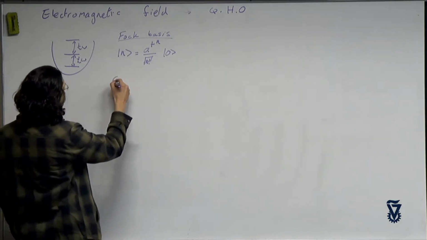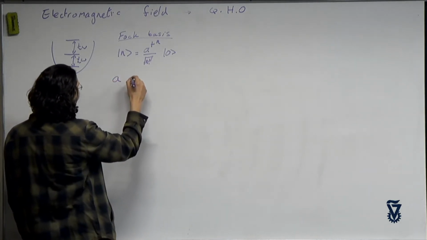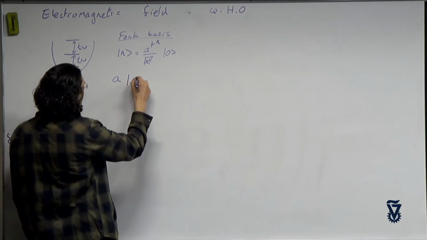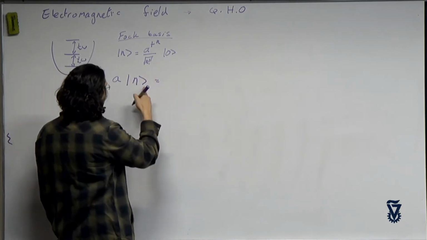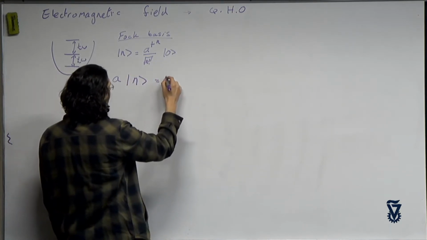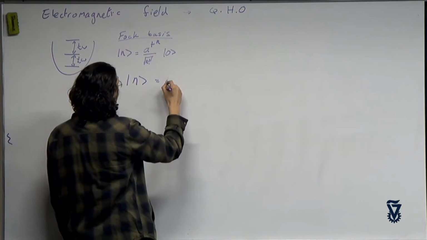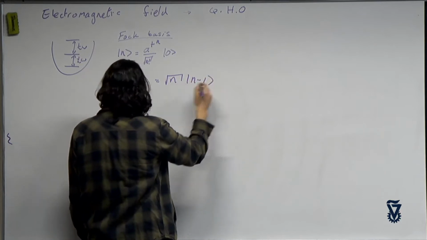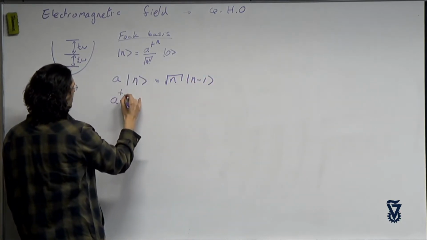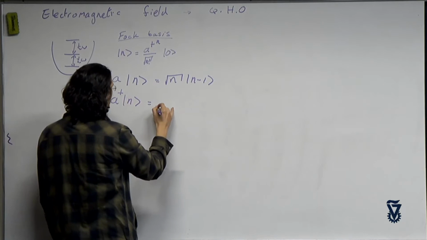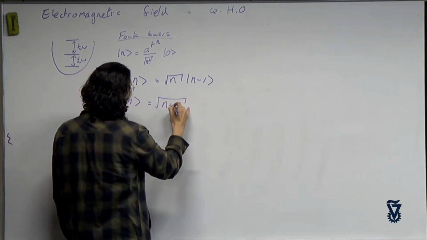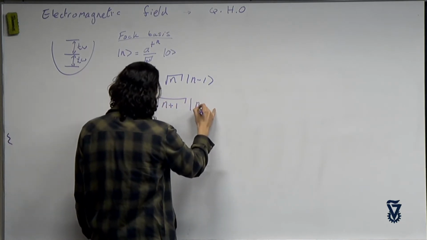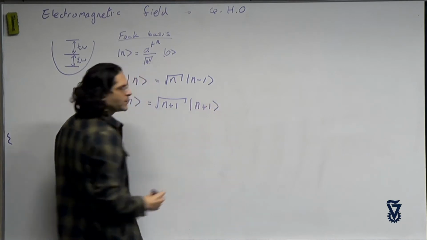And we also introduced the lowering and raising operator. So A operating on n gave us square root of n times n minus 1, and A dagger operating on n gave us square root n plus 1 times n plus 1.